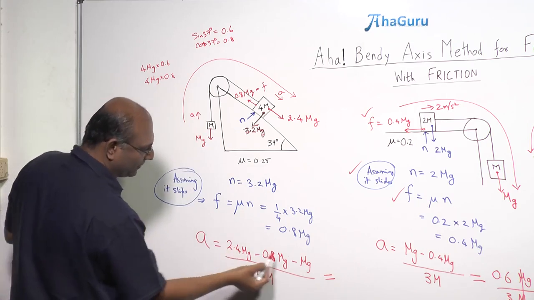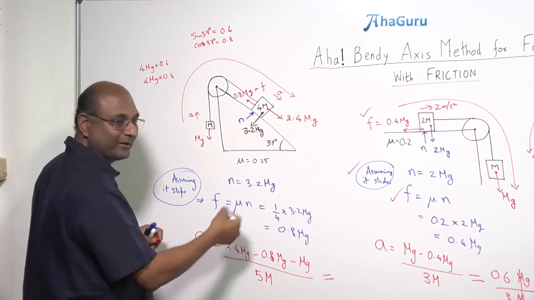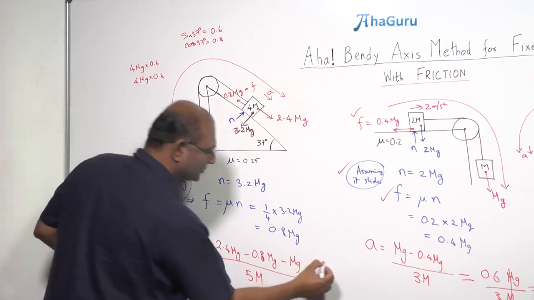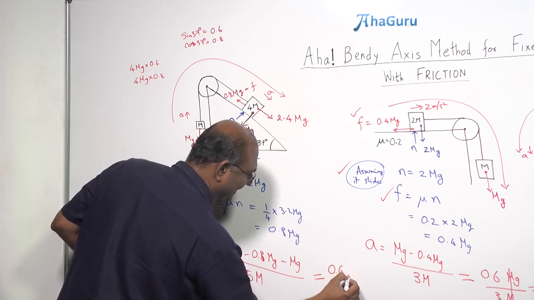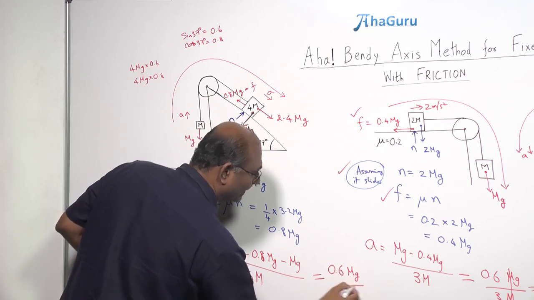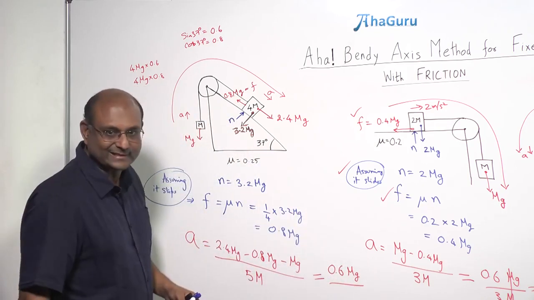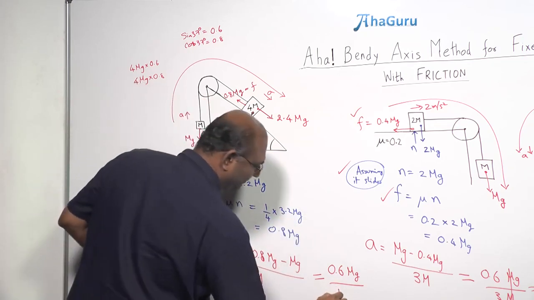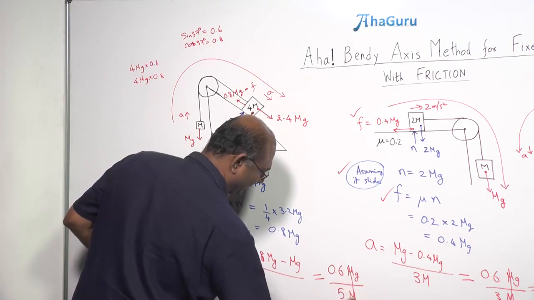Okay, so now if I calculate this, how much do I get? Well, this is 2.4 minus 1, which is 1.4. 1.4 minus 0.8 is going to be 0.6. So this is going to be 0.6 mg. A lot of questions seem to have 0.6 there, okay? But don't assume therefore that every question is going to end up with 0.6. Divided by 5m, this will cancel out.